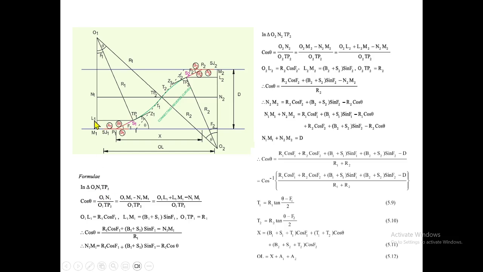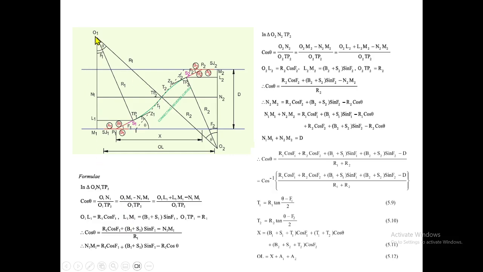How to do that? First we take the triangle O1 N1 TP2. This triangle we are taking. So cos theta, what is cos theta? We are finding out: cos theta is equal to adjacent side by hypotenuse. Hypotenuse is O1 TP2.